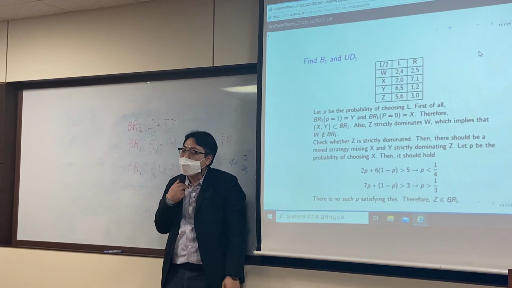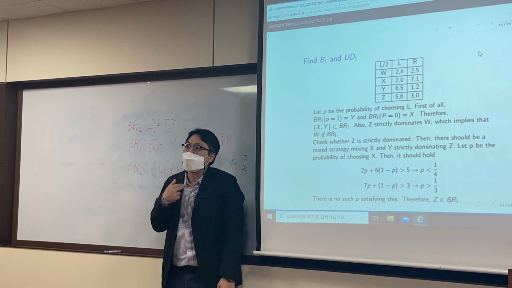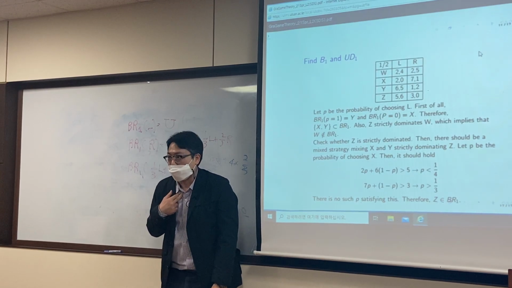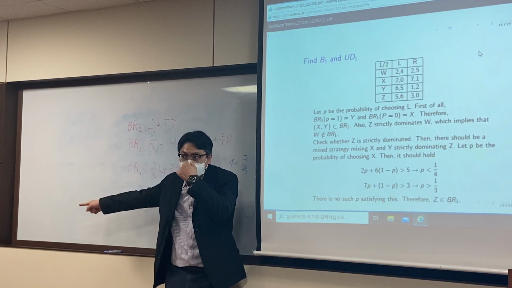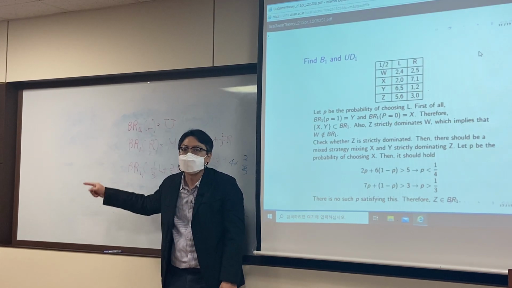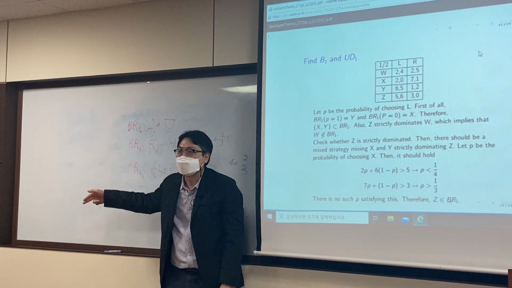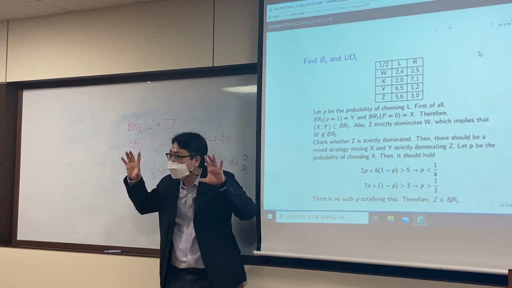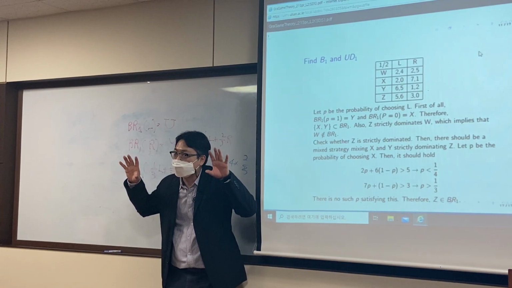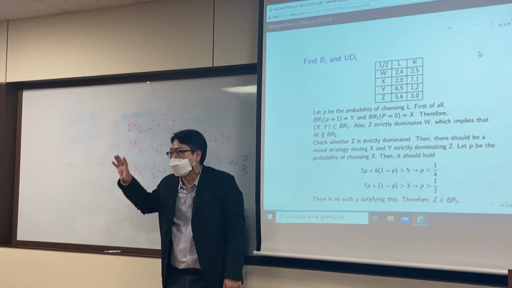If I'm a rational person, and if I have a rational belief, probably I'm not going to choose a never best response. If you are a rational person and also you have a rational belief, probably you won't choose a never best response because there is no belief rationalizing your choice. There is a little difference between a strictly dominated strategy and a never best response.